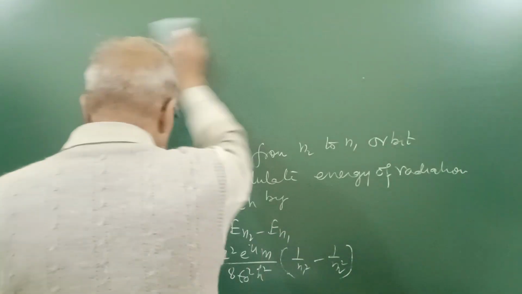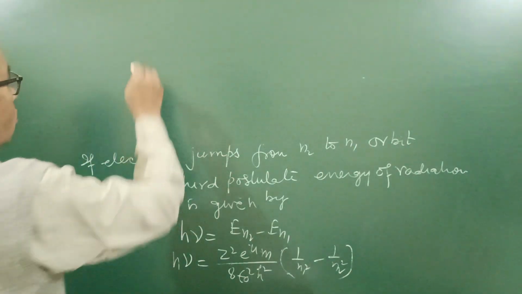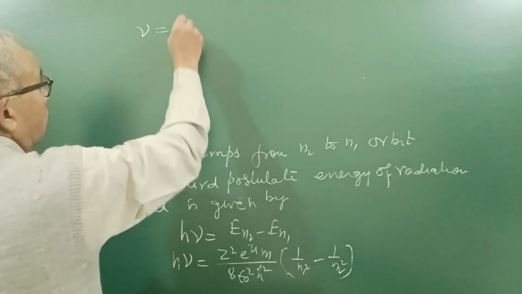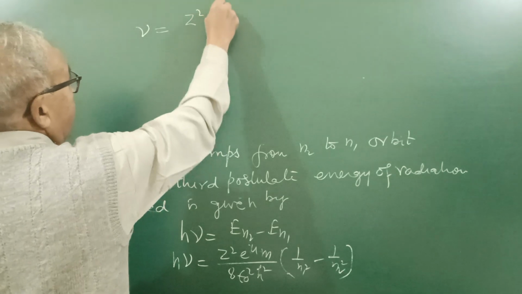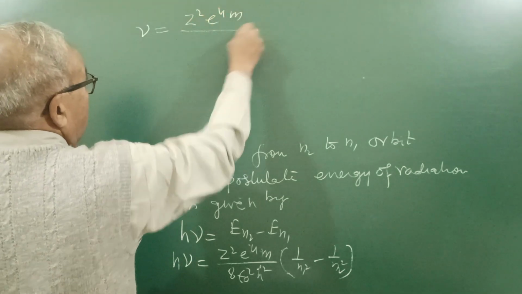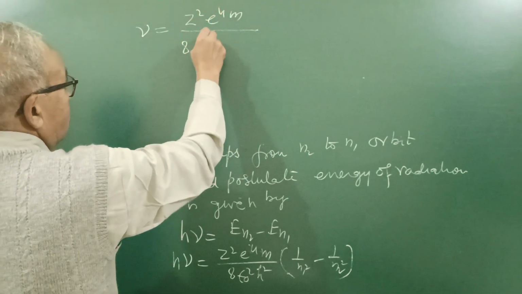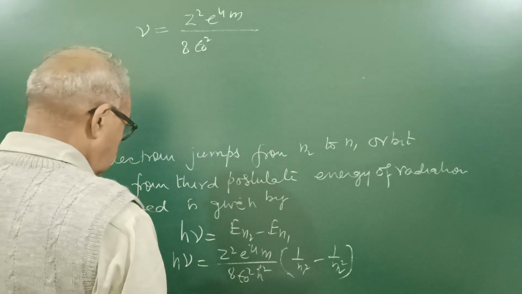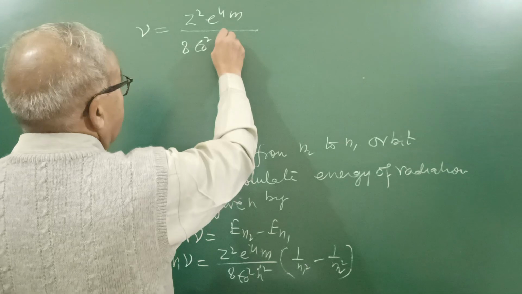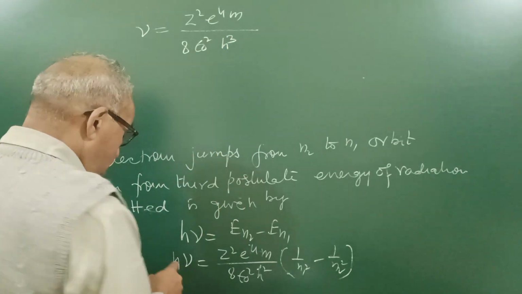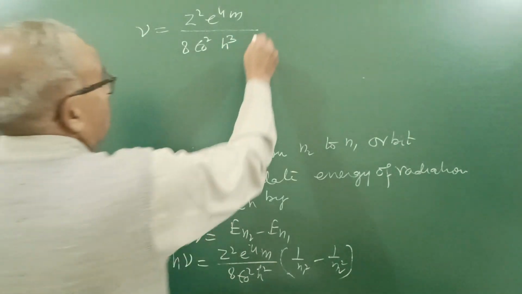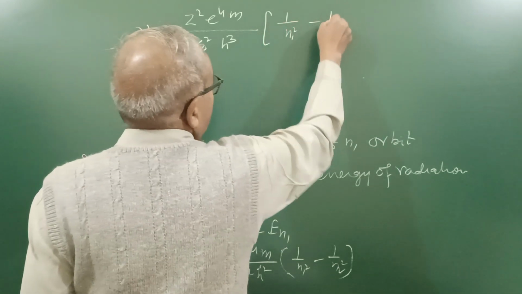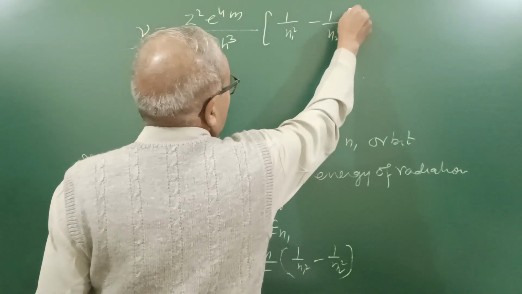Or nu is equal to Z square e^4 m upon 8 epsilon 0 square h cube, into 1 upon n1 square minus 1 upon n2 square.